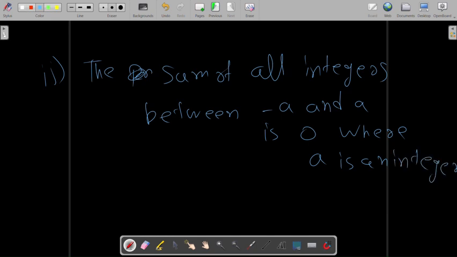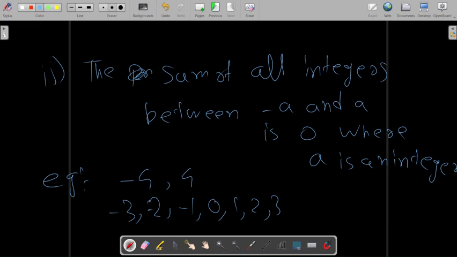Now I am showing this by an example. Let the given numbers be minus 4 and 4. So the integers between minus 4 and plus 4 are minus 3, minus 2, minus 1, 0, 1, 2, 3. If I simply add them, what will happen? Minus 3 and 3 cancel out, minus 2 and 2 cancel out, minus 1 and 1 cancel out, and what will we get? 0. So our given statement is valid.